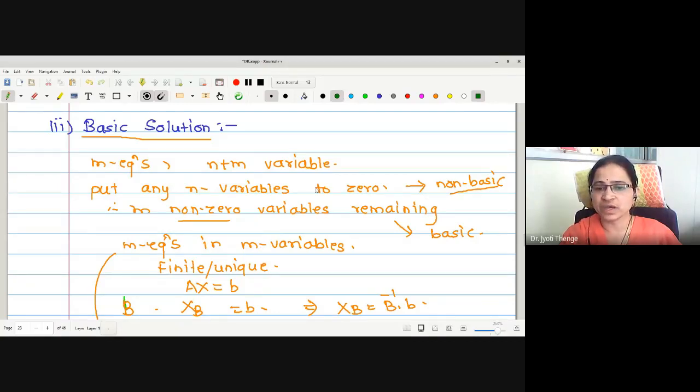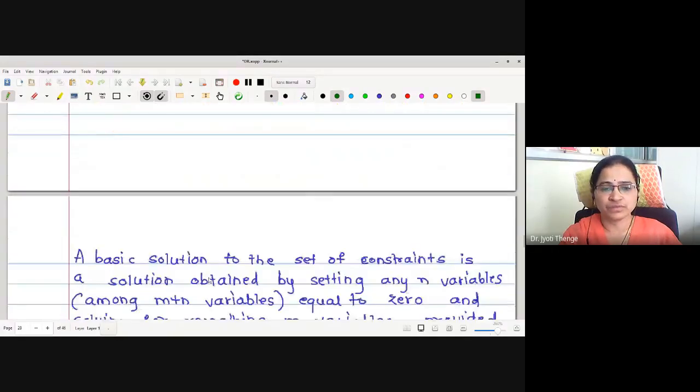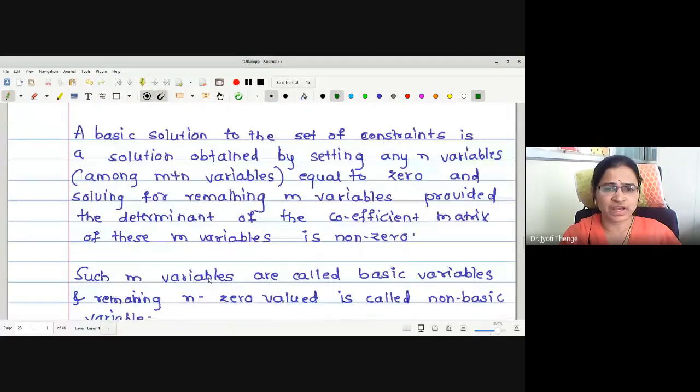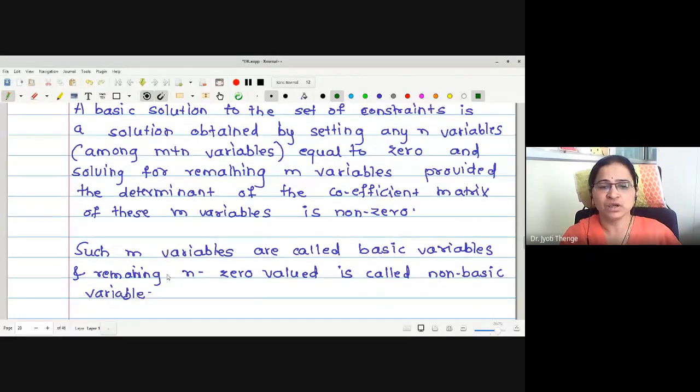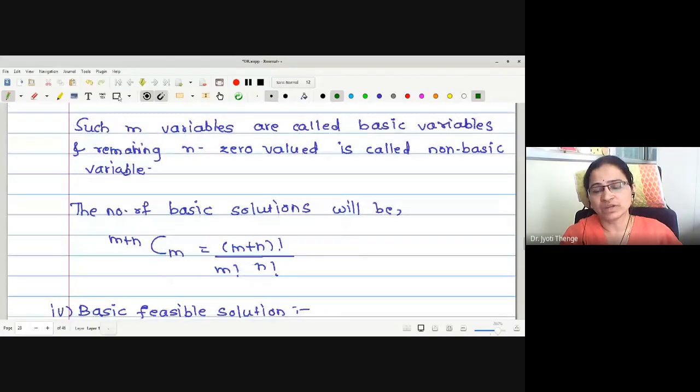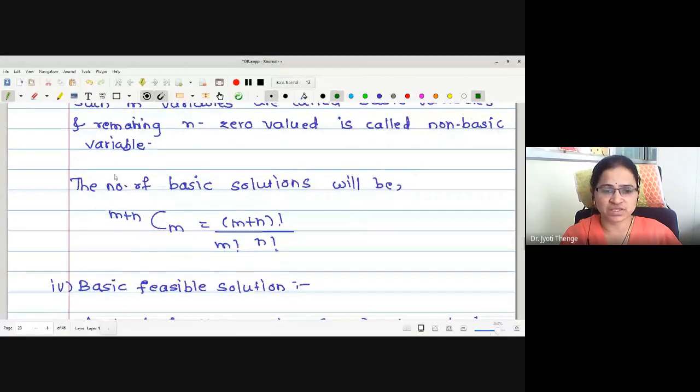The variables we keep at 0 are called non-basic, and the variables we take as non-zero are called basic. Therefore, whatever solution we get after solving this set of constraints by setting any n variables among the m plus n variables equal to 0, provided the determinant of the coefficient matrix of the remaining m variables is non-zero, right? Whatever solution we have obtained is called a basic solution.